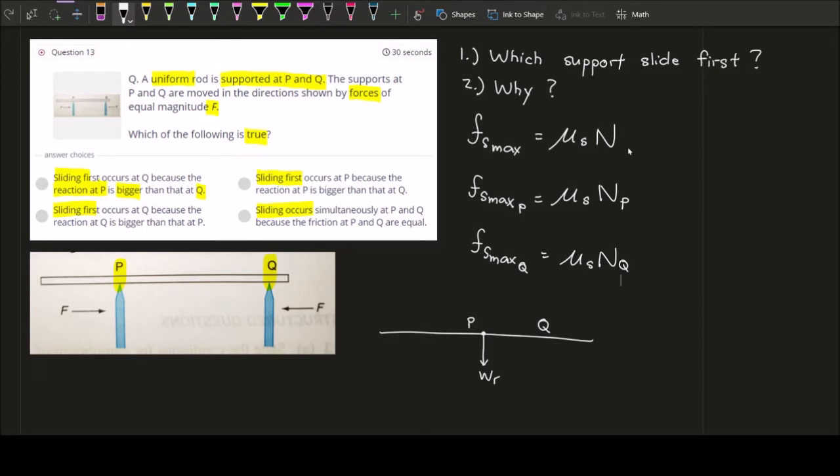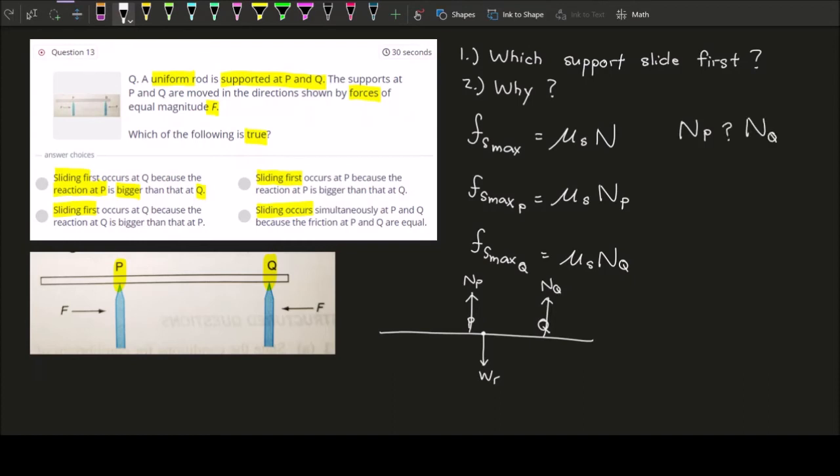Because it's supported at points P and Q, which are surfaces of contact, you have normal forces pointing upwards, supporting the rod. So you have normal due to P and normal due to Q. Now your task is to find whether normal P is greater or smaller than normal Q. What's the relationship between these two?